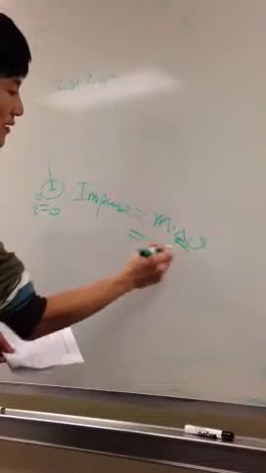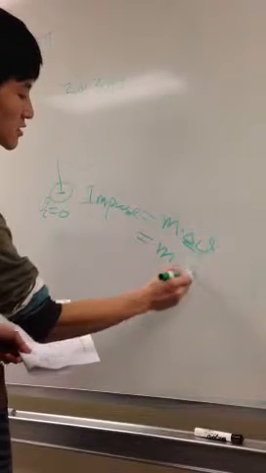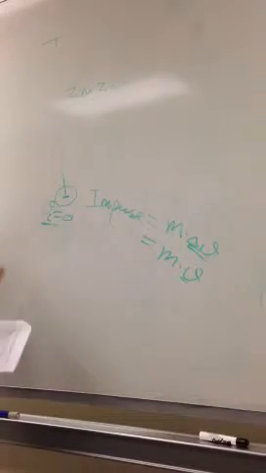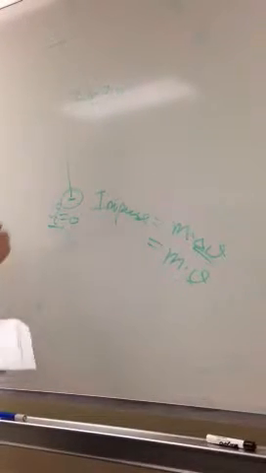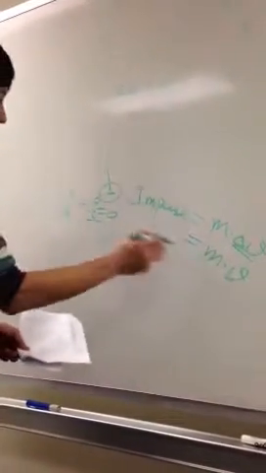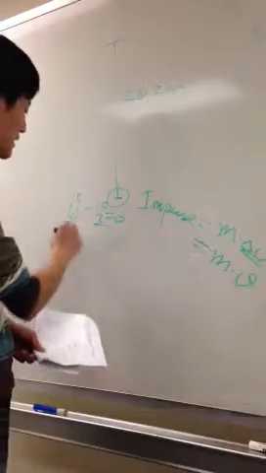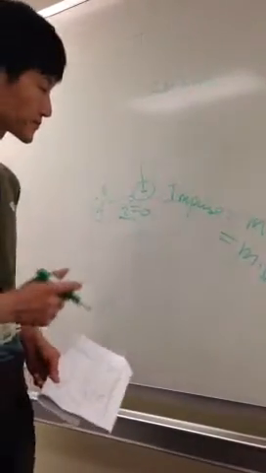So delta v will actually be v, because the initial is 0. So Vf minus 0, so delta v actually is the Vf, the final velocity. The question is asking that.